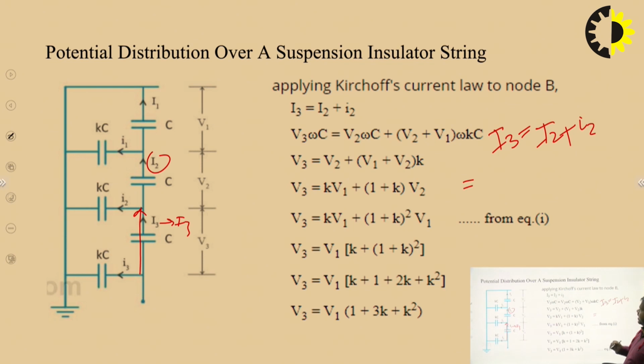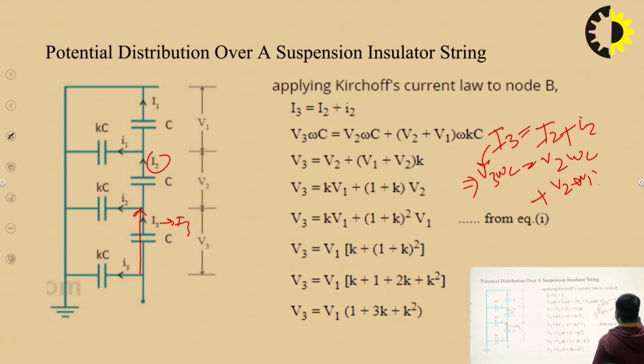We will apply the KCL law as in the previous case. So V3 omega C equals V2 omega C plus, what is I2? V2 plus V1 omega KC from the first equation.